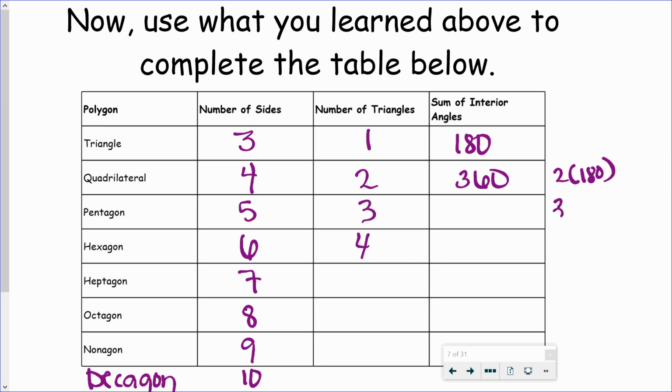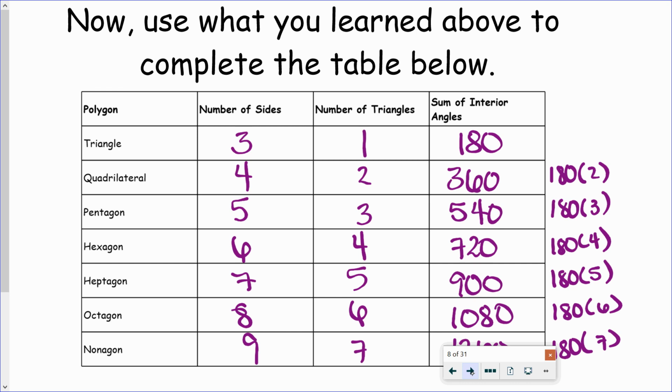So 3 times 180 is 540, and 4 times 180 is 720. Go ahead and figure out what the rest of these are. Go ahead and pause the video.